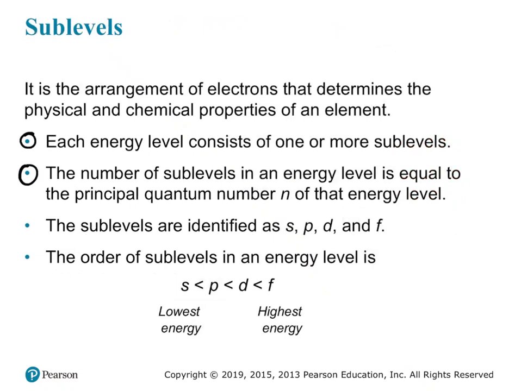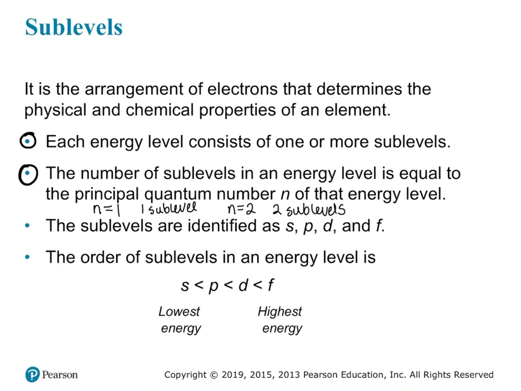And the number of sublevels in an energy level is equal to the principal quantum number n of that energy level. So for instance, let's say we have an electron in energy level 1. There's only one sublevel. But if we're in energy level 2, there are two sublevels. And that pattern continues.